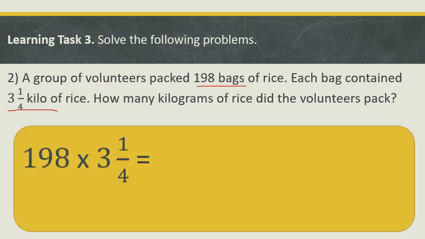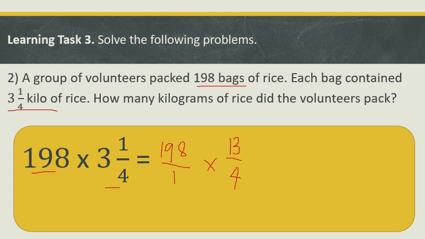We have 198 bags and 3 and 1/4 kada isang bag. Ang 198 para maging fraction is magiging 198 over 1 times yung 3 and 1/4 natin ay magiging 13/4.